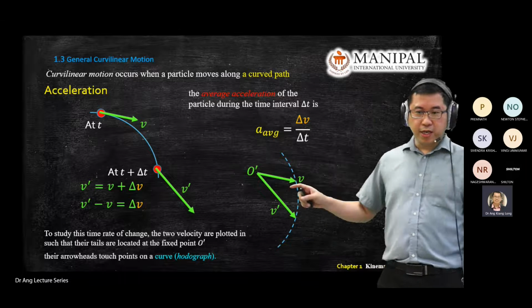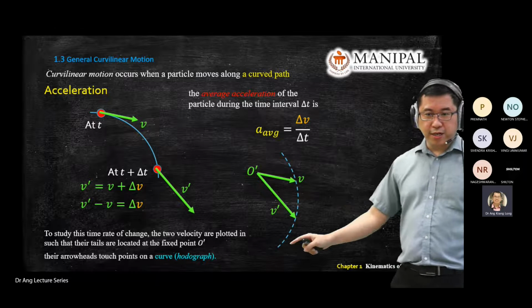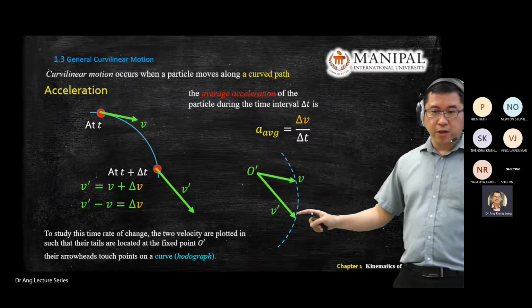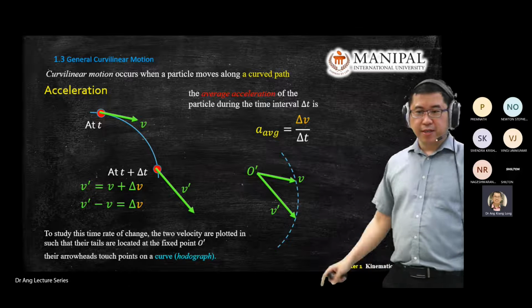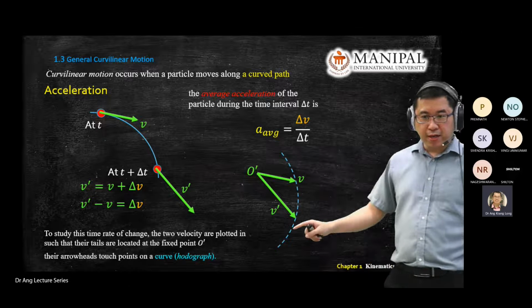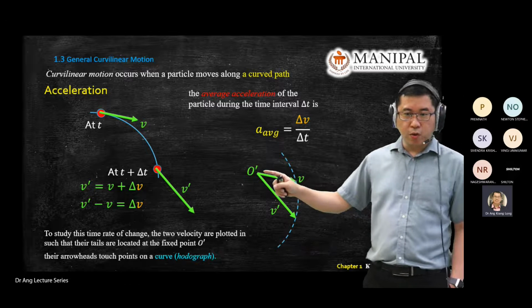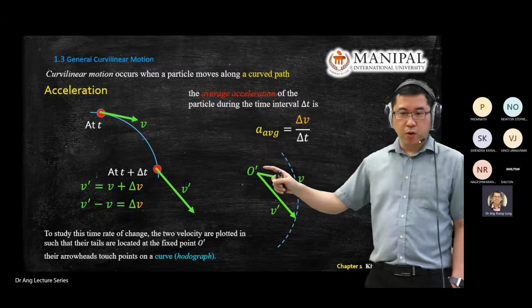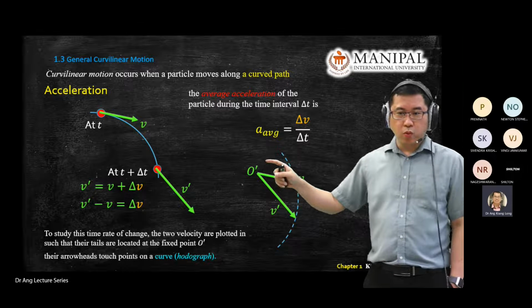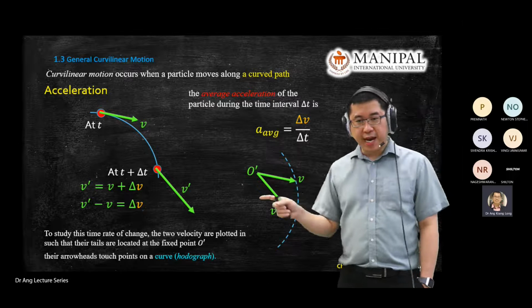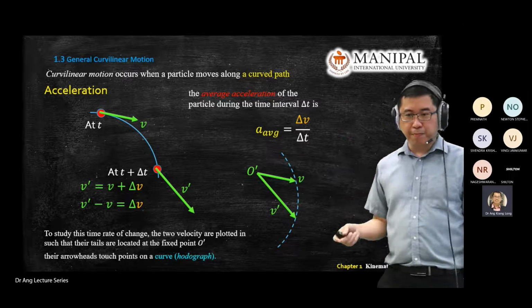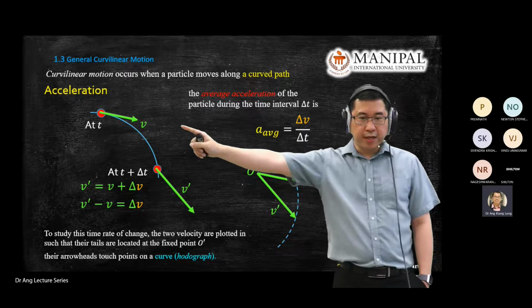Okay, so this imaginary curve, or we call it hodograph, will be different from the actual path. This dot curve is based on O prime. O prime is just a location that you choose any place on your sheet of paper, and you just copy the vector.